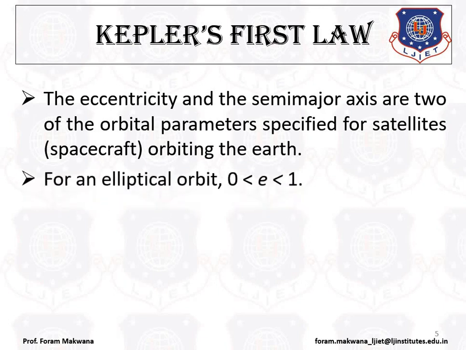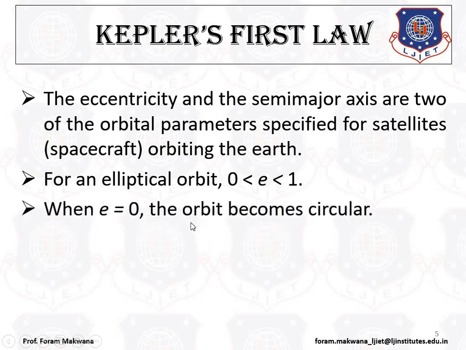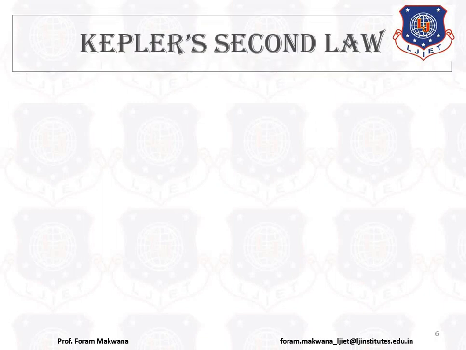Over here, the eccentricity and the semi-major axis are the two most important orbital parameters which are specified for satellite orbiting around the Earth. For elliptical orbit, eccentricity value lies in between 0 to 1. And for circular orbit, its value is 0. So this is Kepler's first law.